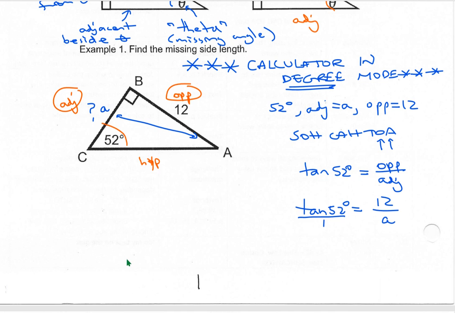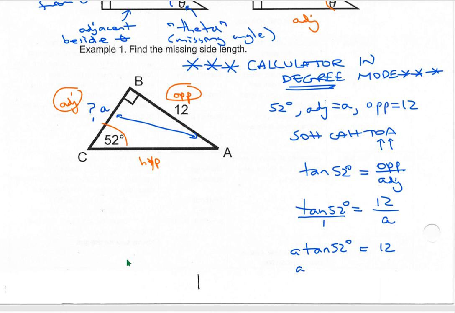And to solve this equation, we cross multiply. So you've seen cross multiply before when we solve proportion questions. Lots of word problems have this. We cross multiply. So A times tan 52 equals 1 times 12.